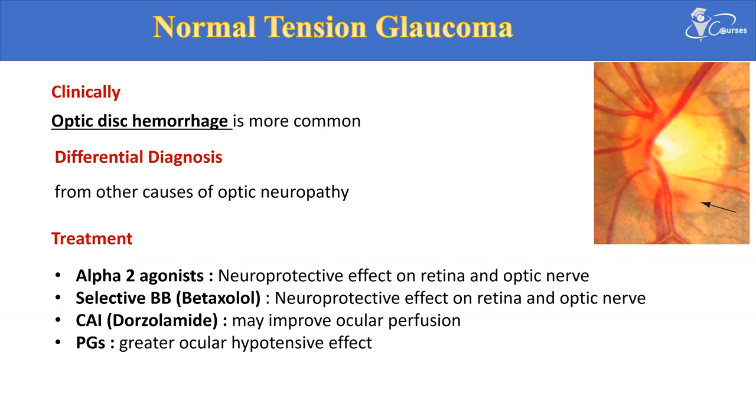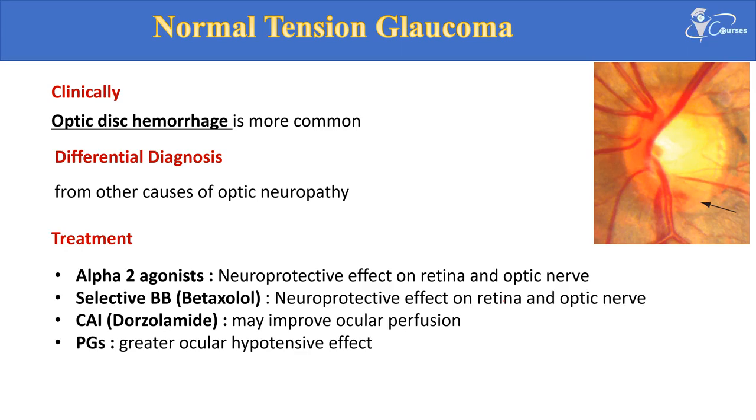Carbonic anhydrase inhibitors, such as dorzolamide, may improve the ocular perfusion, and the prostaglandins will show a greater ocular hypotensive effect. So they will not target the hypoperfusion, but they will just lower the intraocular pressure massively in order to prevent the damage or the ongoing damage.